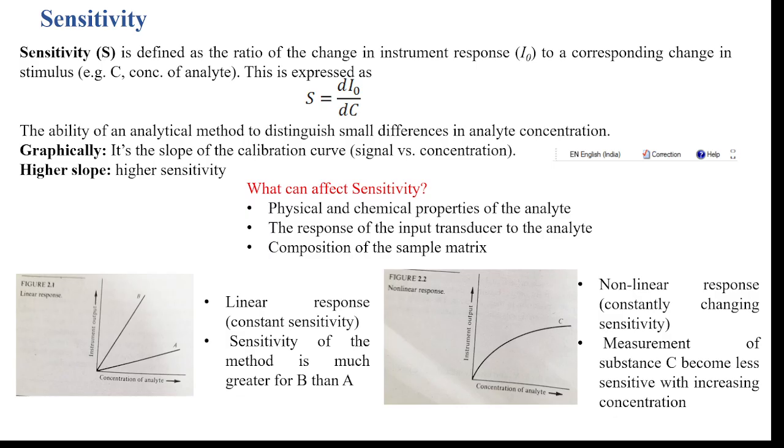So here sensitivity is generally nothing but the ratio of instrument response and the response toward the analyte. For example, let's say in UV you have prepared a solution of dye, and you want to analyze its UV spectroscopy, but it is a solution, it also has some solvent.